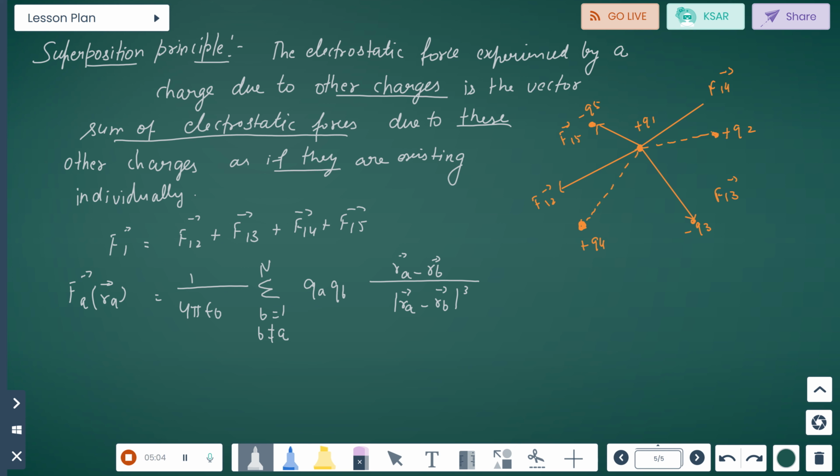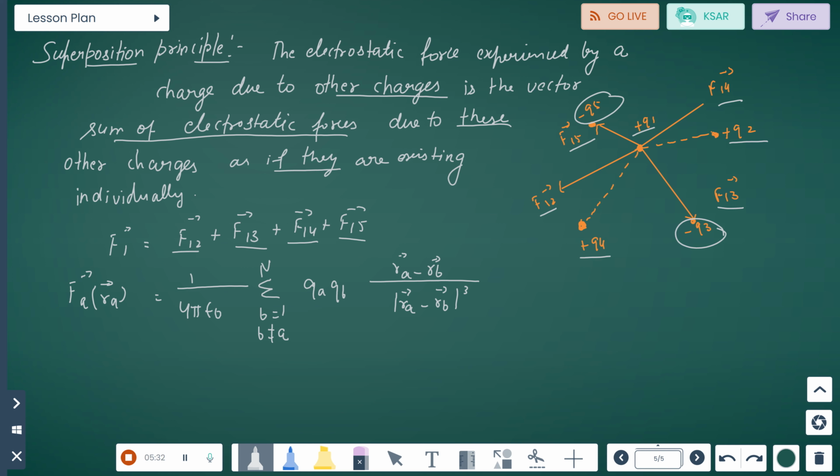Here we have charges plus q1, plus q2, and we have forces F12, F13, F14, F15, plus q4, minus q3, minus q5. Then F1 is equal to F12 plus F13 plus F14 plus F15.